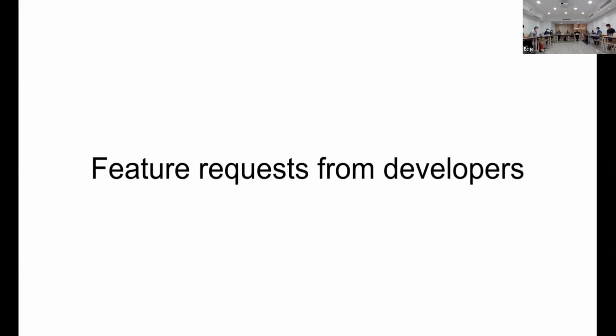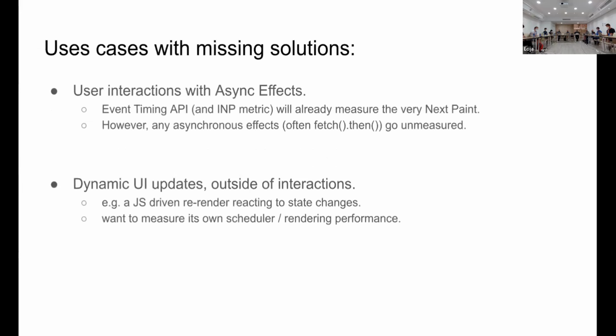All right, so rapid fire, just a couple of feature requests we hear from developers. I'll start with the use cases because the use cases are what is important here. First use case is user interactions that have asynchronous effects.